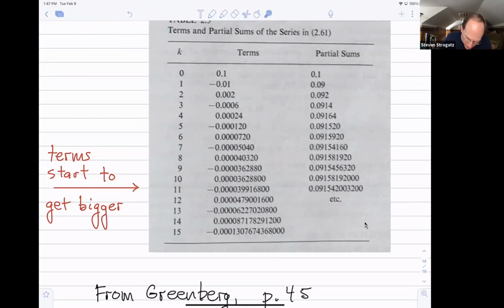So if you look here at the 10th term, it's got 4 zeros and a 3. The 11th term also has 4 zeros and a 3, but after that it says 9, 9, whereas this one says 6, 2. So they're starting to get bigger, right? So we should stop somewhere around the 10th term.